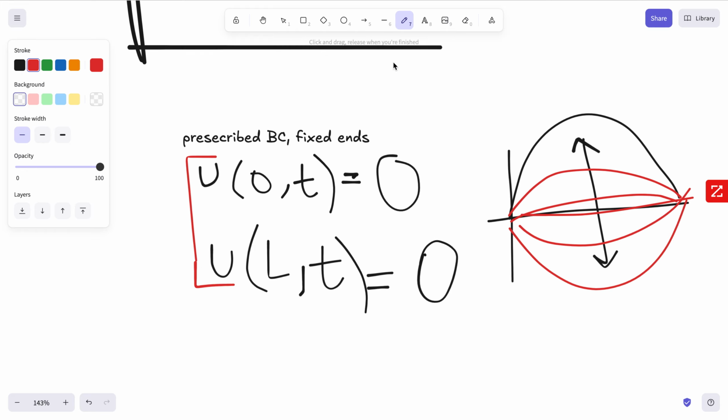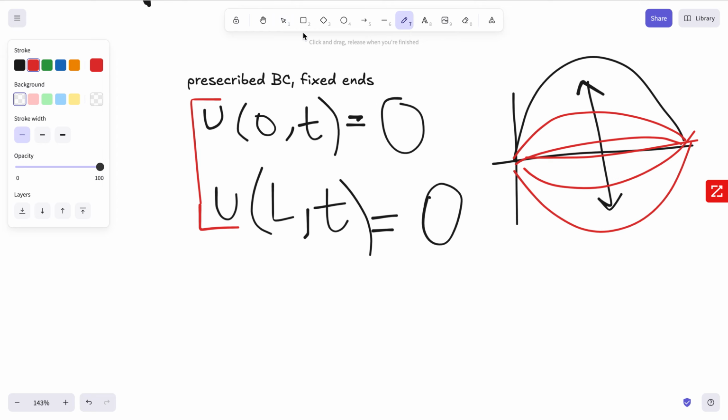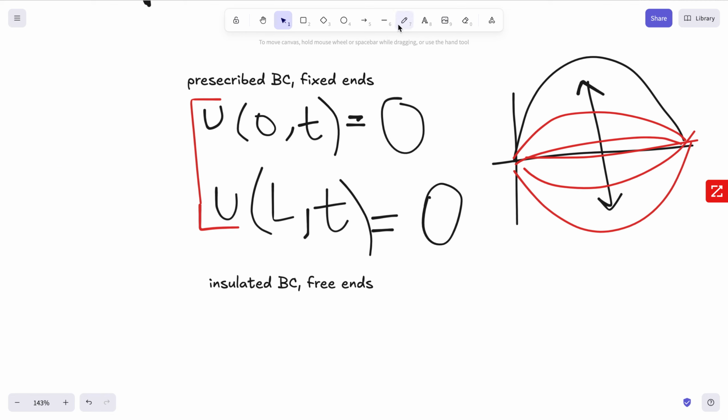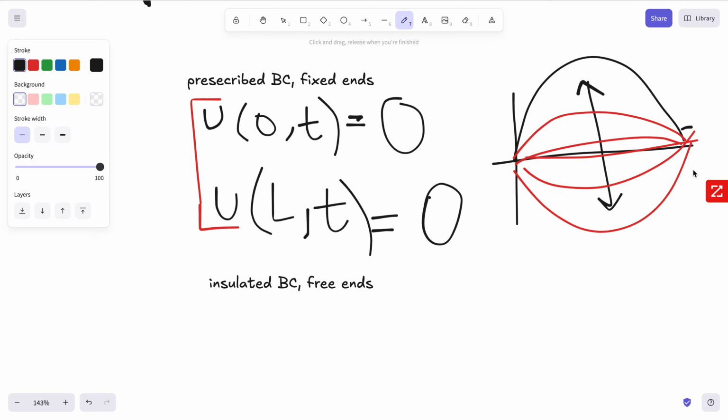We can also look at what I call insulated boundary conditions, or free ends, which is that if you wanted, for example, one of these ends to be free to move around, so that when you wiggle it, it just follows whatever the tensile force at the end of the string is.